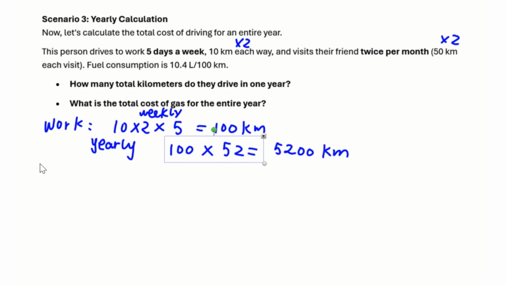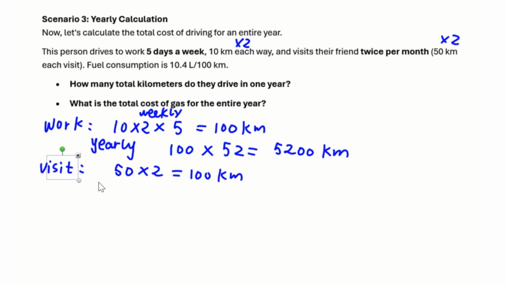And for visiting a friend, we assume that 50 is a return back and forth distance, then times 2 is monthly, that is 100 kilometers. And for yearly, from 1 month to 1 year, 1 year we have 12 months, so 1 month is 100, times 12 months, we have 1,200 kilometers.